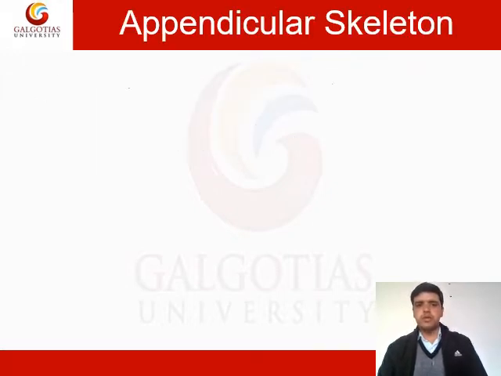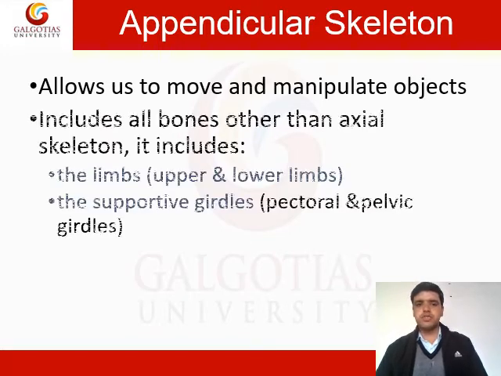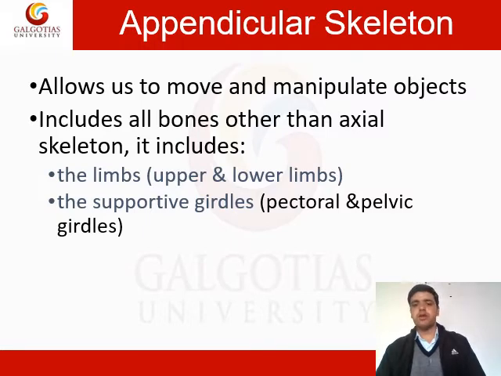Simply, the appendicular skeleton allows us to move and manipulate objects. It includes all the bones other than the axial skeleton: the bones of the upper limb and the lower limb, and their supporting girdles, the pectoral and the pelvic girdles.